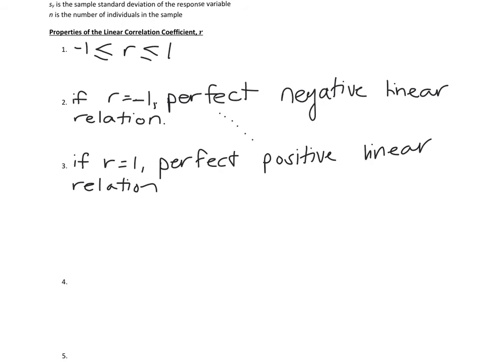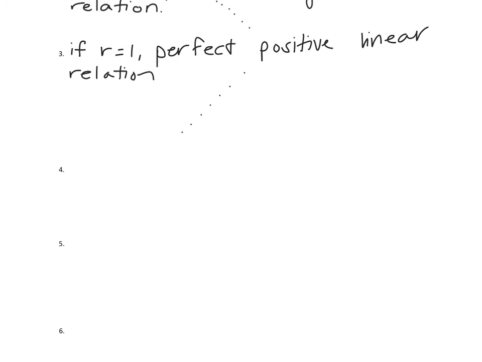So in that case, the scattered diagram would just be a perfect positive line. And then the closer we are to those endpoints, the stronger evidence of a linear relation. So let's write that out for 4 and 5.